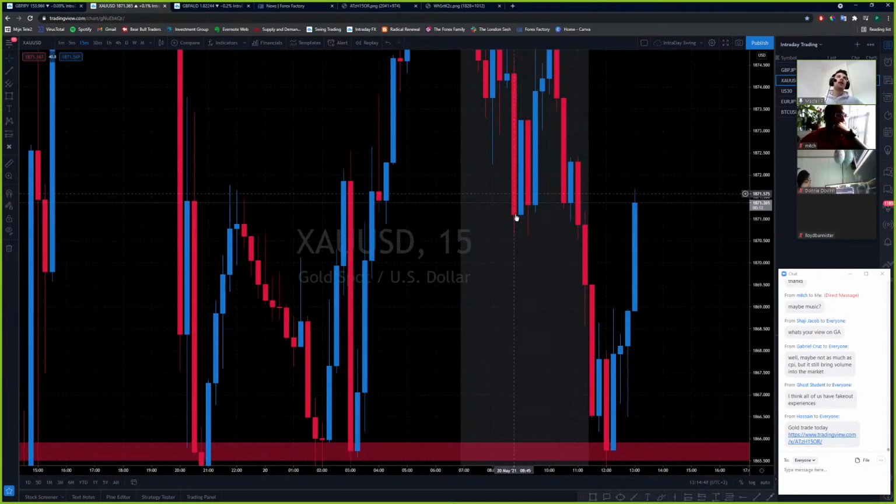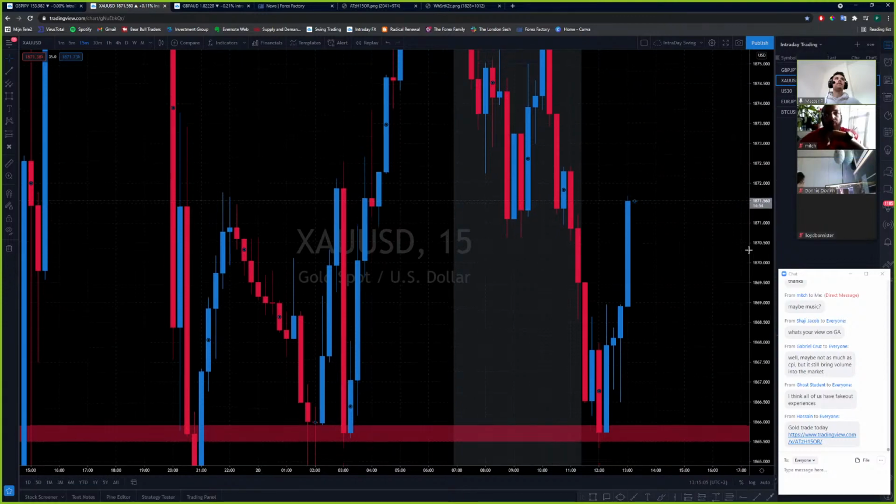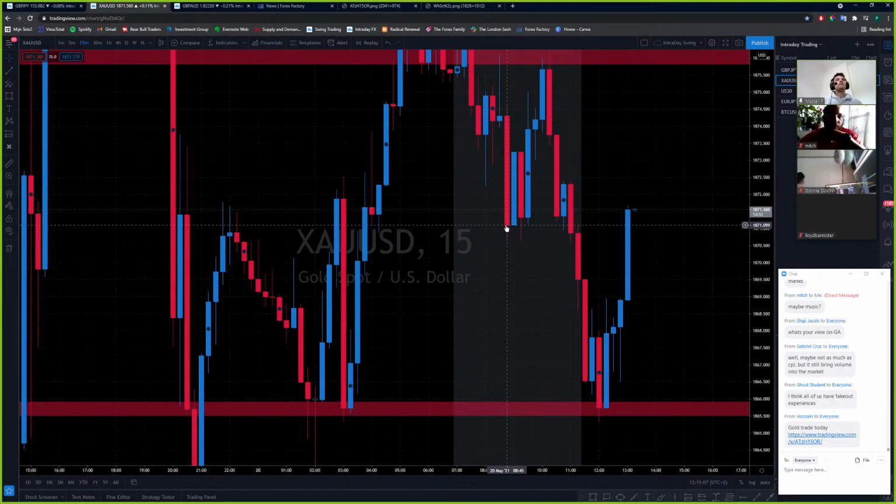So Hossein from the Zoom, did you take the sell on this bearish 15-minute candle, or the break of the bullish 15 candle low? Yeah, I took the trade when the candle broke the close below here.